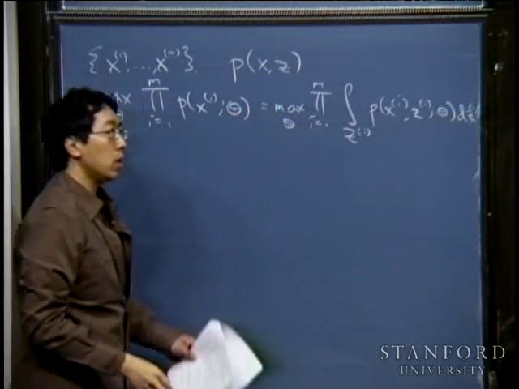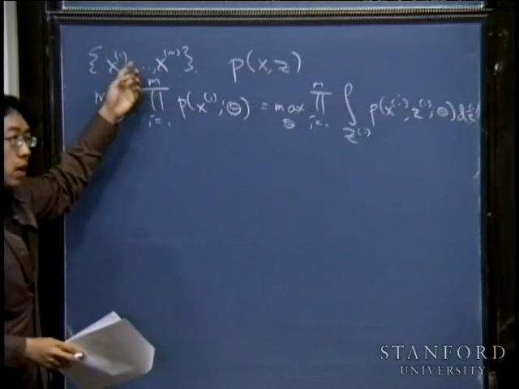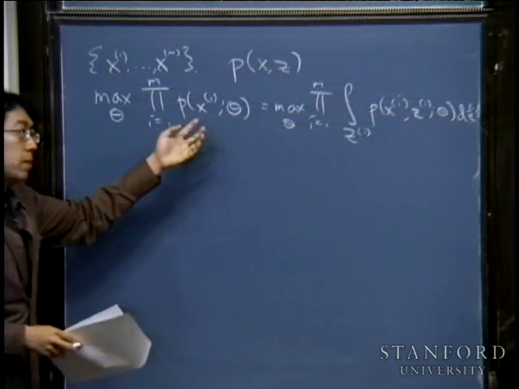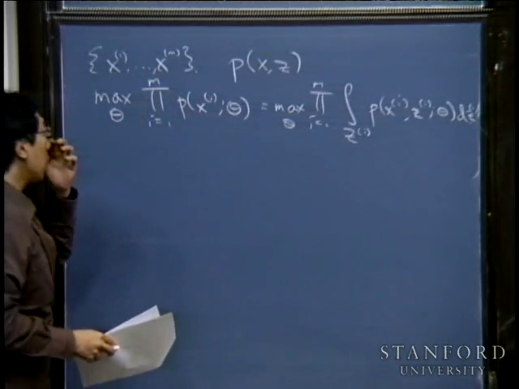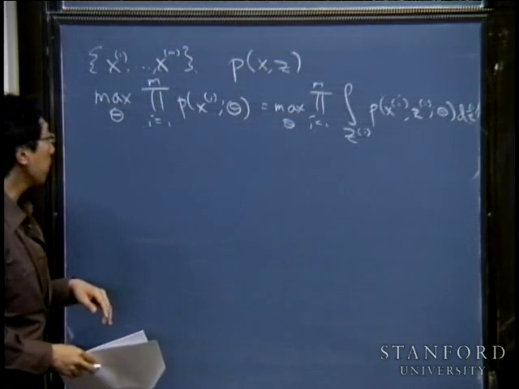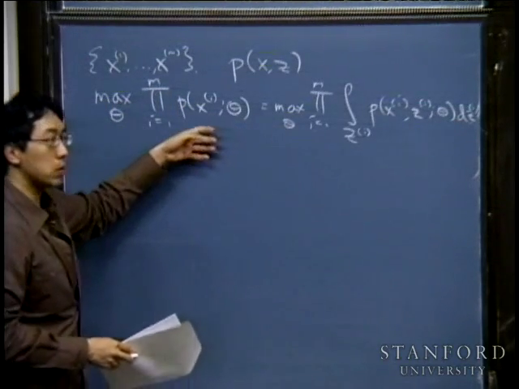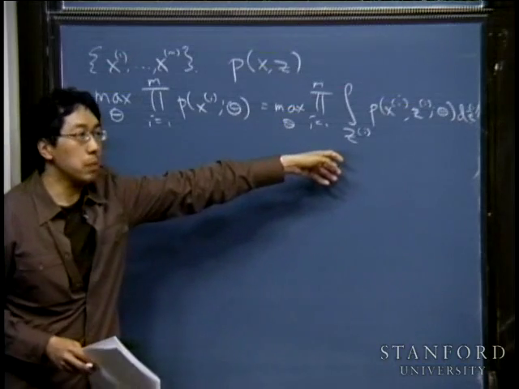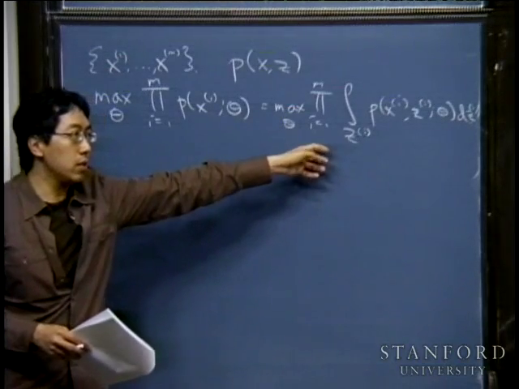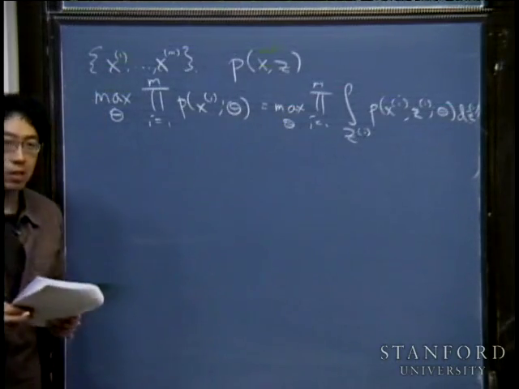So I only ever get to observe the x's, and the z's are latent random variables, or hidden random variables. And so what I'd like to do is this maximization in which I've implicitly integrated out z. Does that make sense? Okay, cool.